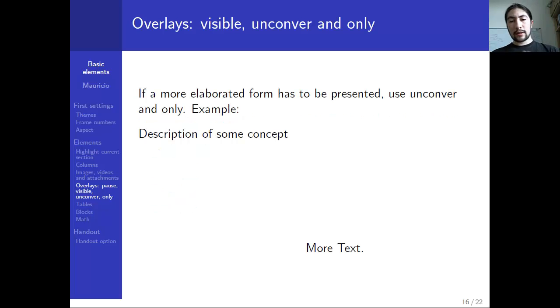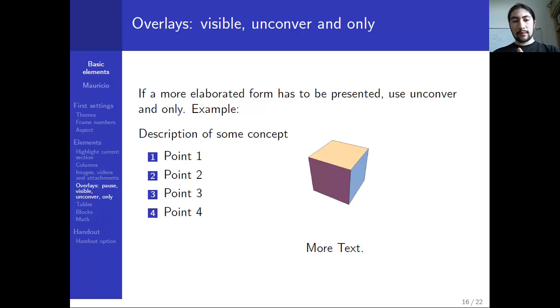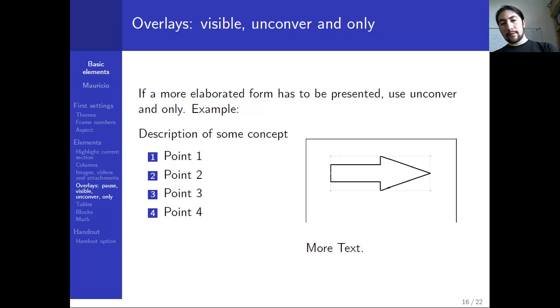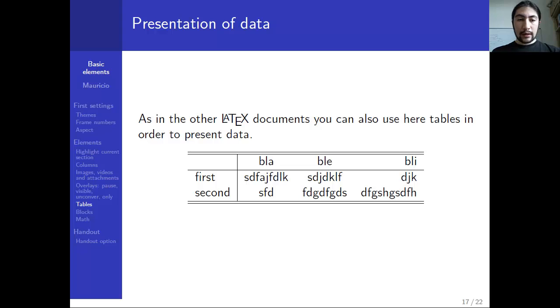But sometimes you will need more elaborate slides, just like this one, where you have some points, then you have an image, then another point, and then I would like to have another image, but the other one should disappear now. I will also show you how to do that.